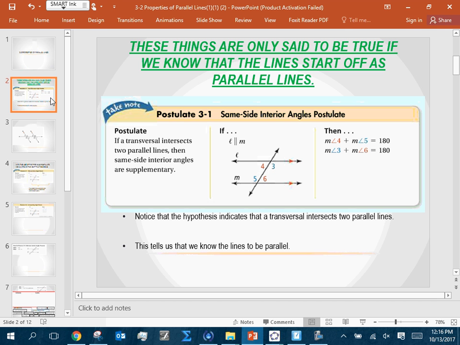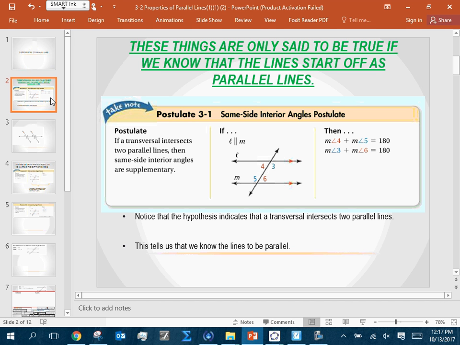Alliteration, right? So same side supplementary is an alliteration that might help you remember this relationship. Hopefully you remember that angles 3 and 6 were same side interior angles, and 4 and 5 were also same side interior angles.